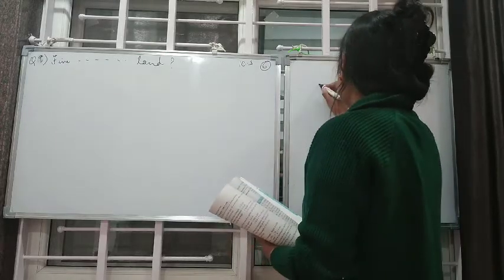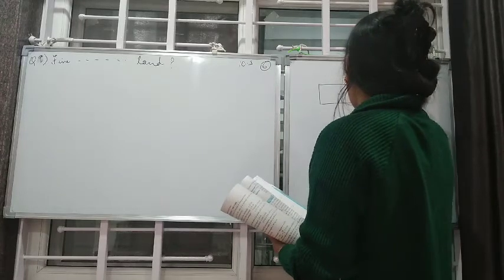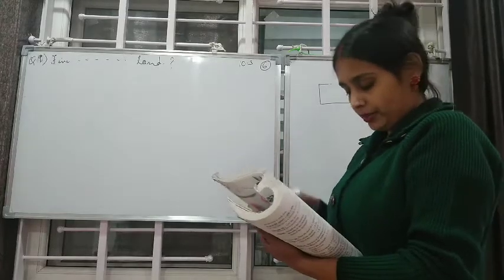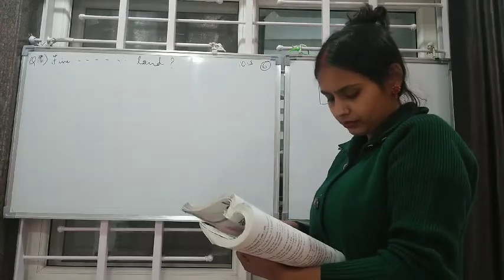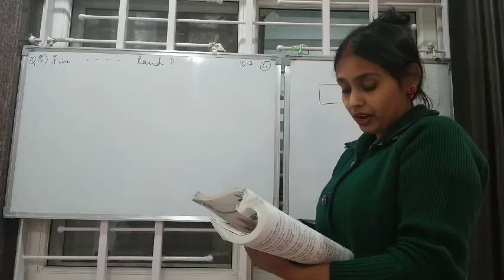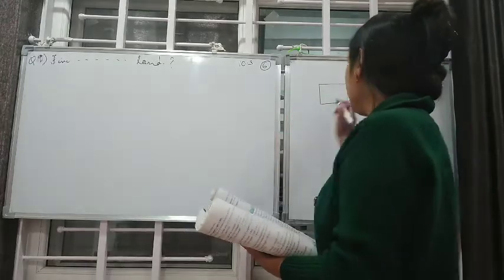So this is a land which is 5 meter long and 4 meter wide. Where 5 square flower beds. Okay, how many? 5.